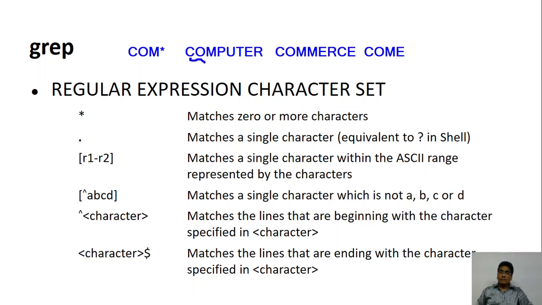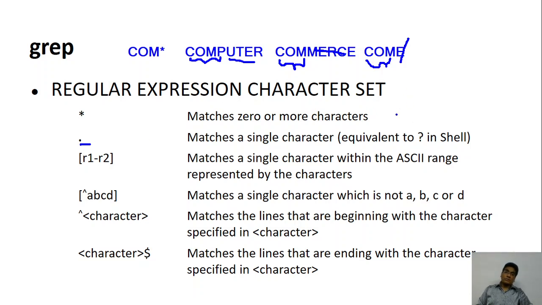So after com, any character, 0 or more characters. Com is required. After that, either one character can come, 0 characters can come, more than one character, 10 characters, any number of characters can come. That is the meaning of star. The dot means only one replacement will be there.